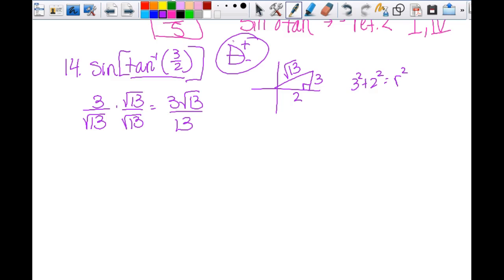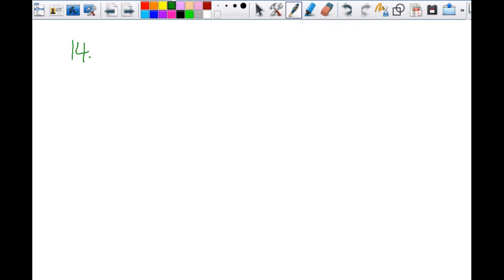Number 14. Alrighty. So this is the blue, right? Mine's not blue. Blue double angle identities, number 14, if you need this one. So tangent of 2 theta.